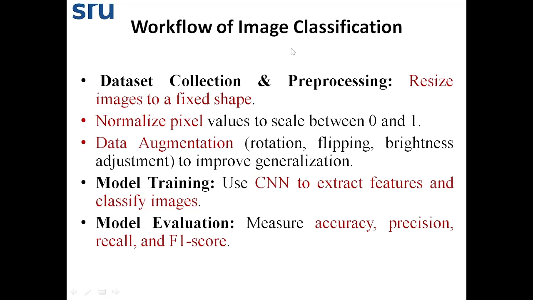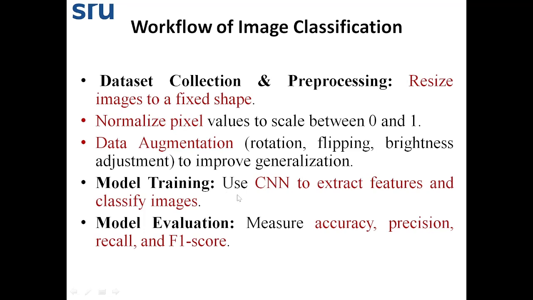What is the workflow for image classification? Dataset collection and pre-processing: resize image to a fixed shape, normalize pixels to bring down the scale between 0 and 1. Data augmentation: rotation, flipping, brightness adjustment to improve generalization.